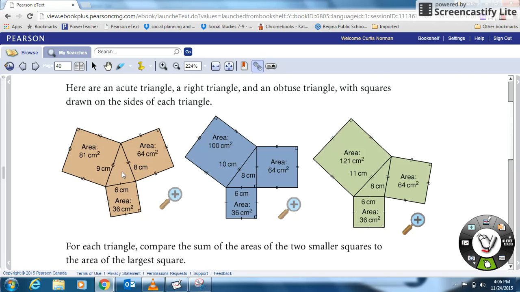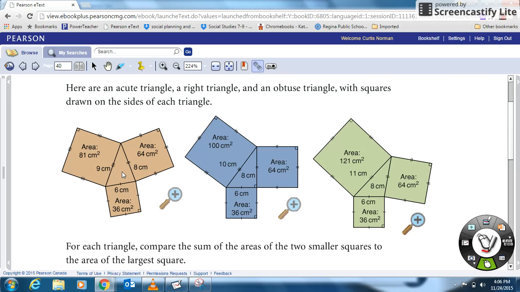We're going to use our knowledge of Pythagorean's theorem to figure out if any of these triangles would be an example of a right triangle, because remember, Pythagorean's theorem only works when we have a right triangle, or a 90-degree angle as one of our angles in our triangle.